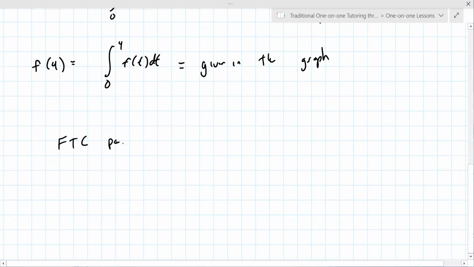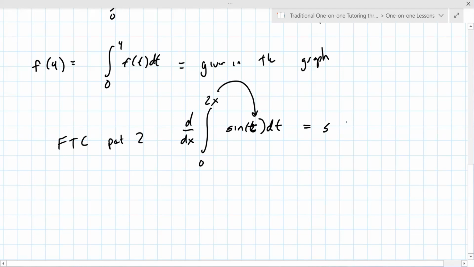So the integral from 0 to 2x of, I don't know, sine of t dt, or it's d dx of this. So you take the 2x and put it in here, but then you also multiply by 2. Okay, so that's the chain rule part.